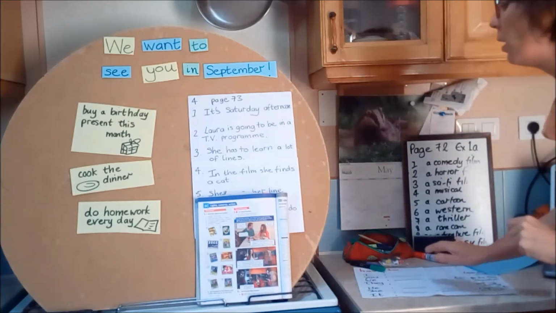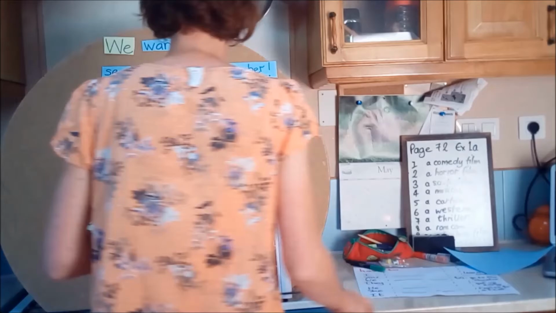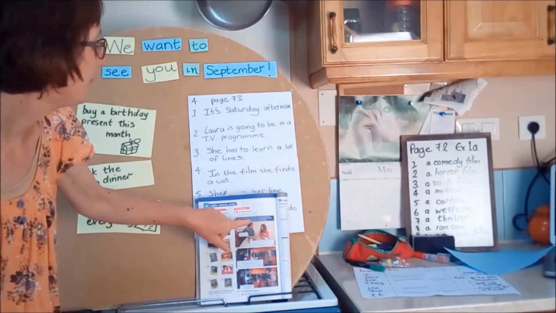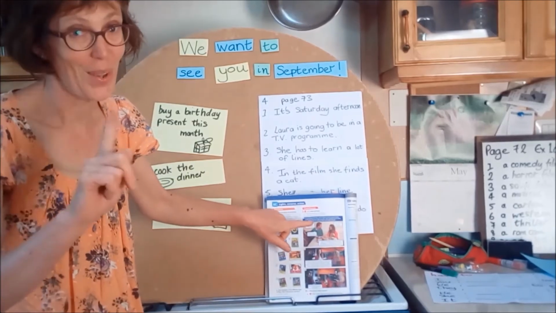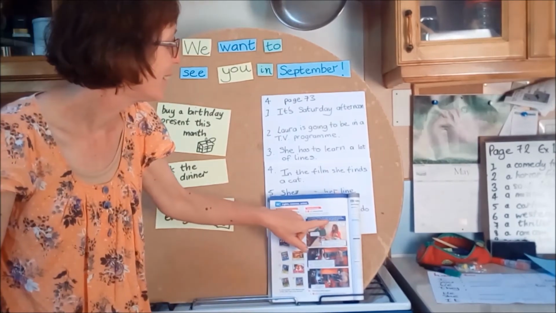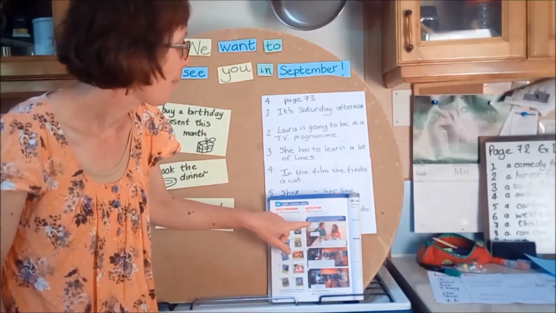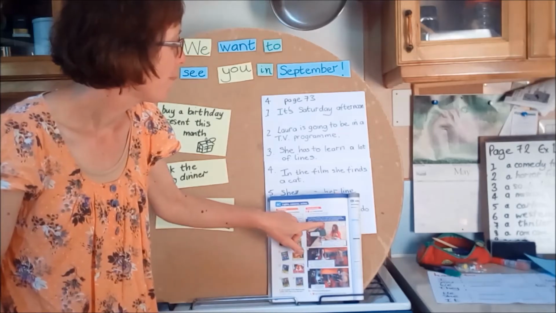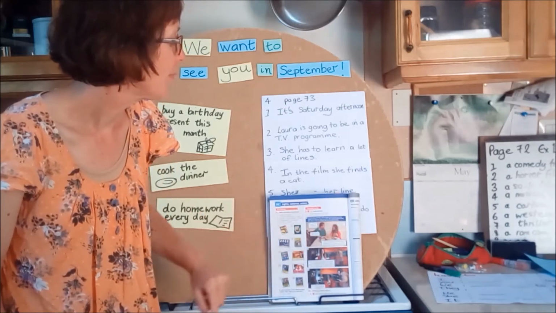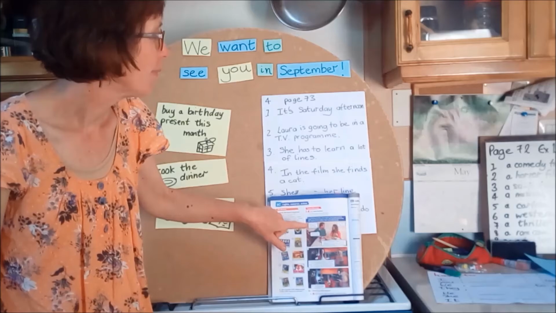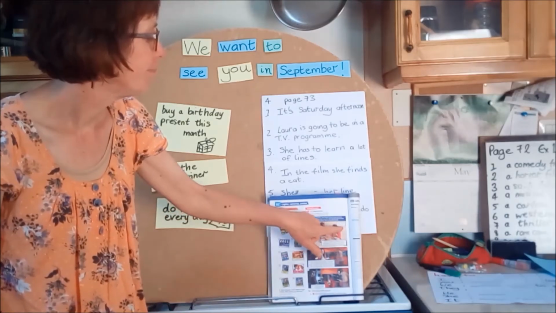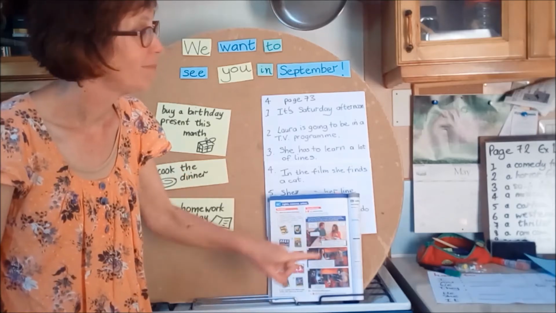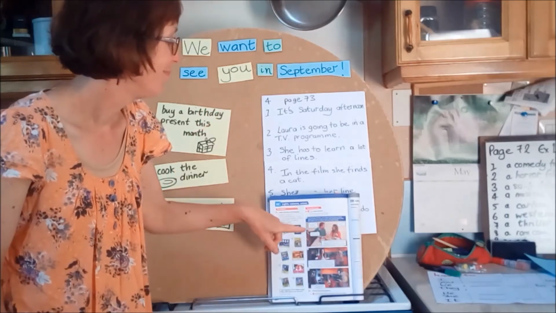Page 72. Exercise 3B. It's Saturday morning. Laura doesn't have to go to school today. No school. She has to get up early. She's going to be in a film. She wants to be an actress when she leaves school. Do you have to learn a lot of lines? No, I don't. Only one. What do you have to say?